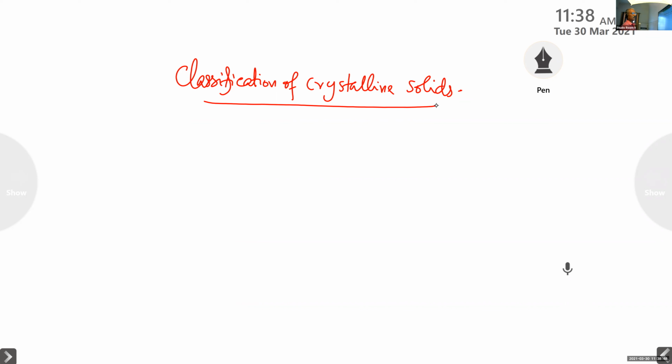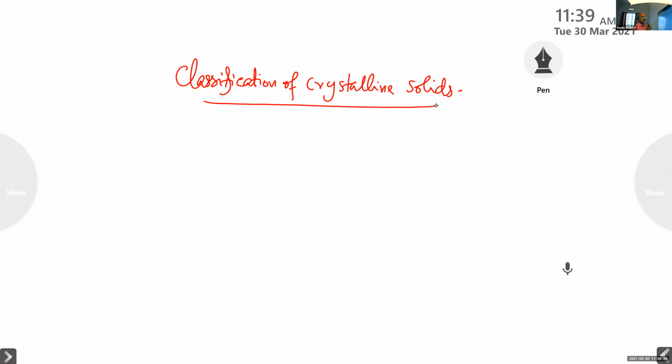Here we are going to classify the crystals based on the constituent particles. We know in crystals there will be constituent particles. The constituent particles may be atoms, ions of the same or opposite types, plus and minus ions, or even molecules. In general we call them constituent particles.